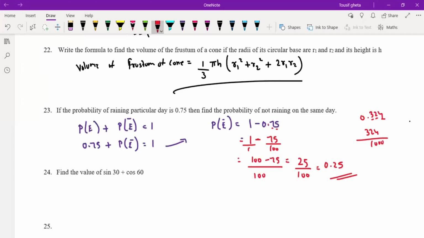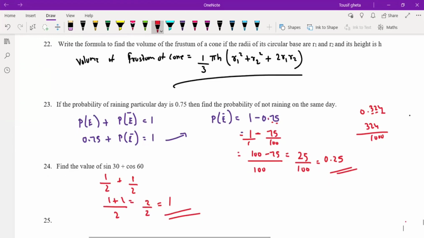Sine 30 value is 1 by 2. Cos 60 is also 1 by 2. So LCM is going to be 2. For the numerator we do the same thing, that is 1 plus 1. So the value is 2 by 2. The answer is 1. That is the value for sine 30 plus cos 60.